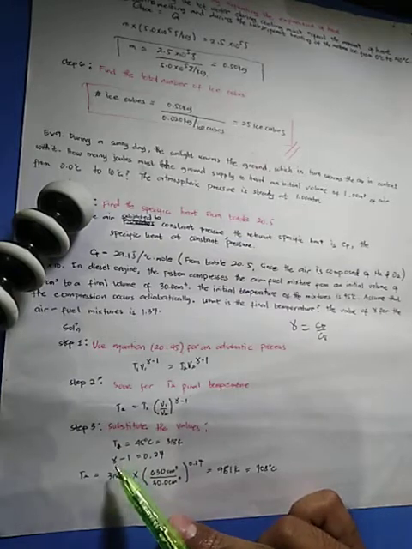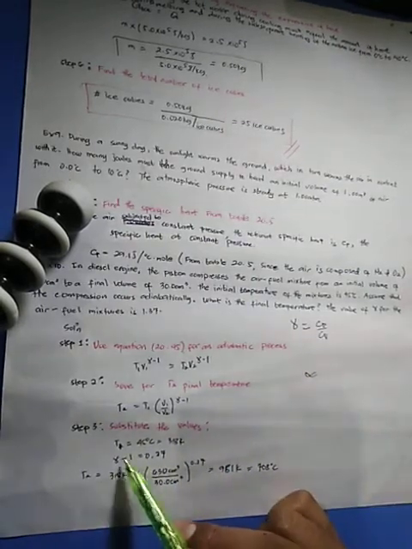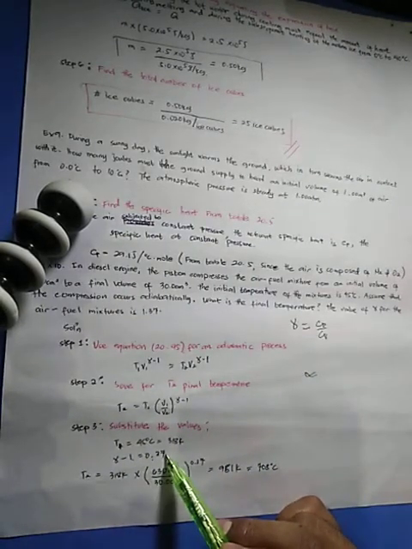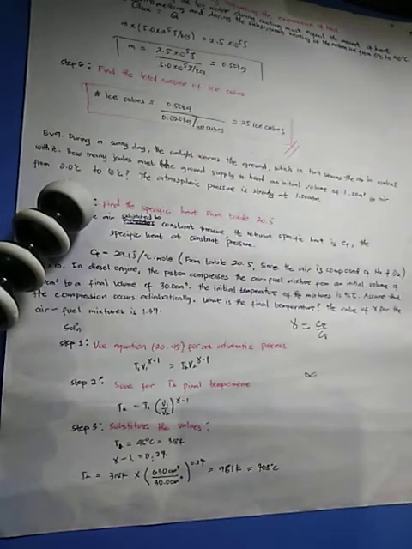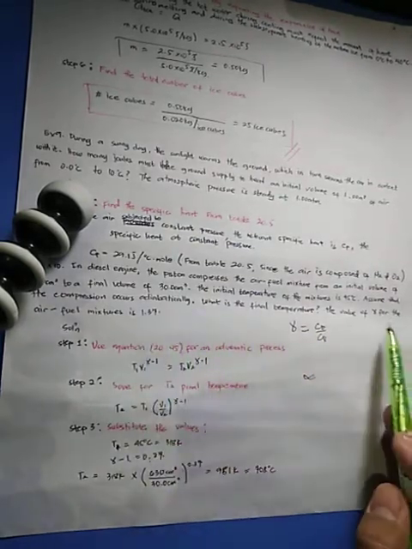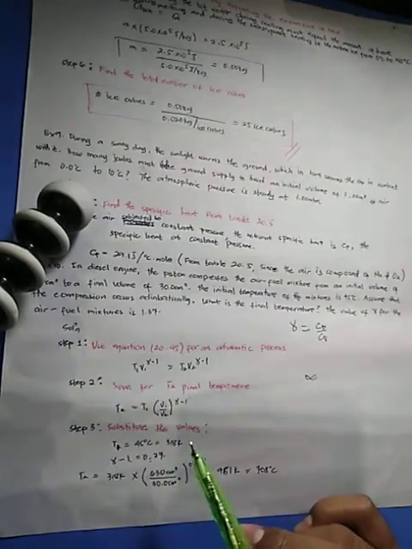I think this is lambda minus 1, not alpha. So lambda minus 1 is equal to 0.37. Why? Since this is a diesel engine, the value of lambda for the air and fuel combination, the mixture, is given here.